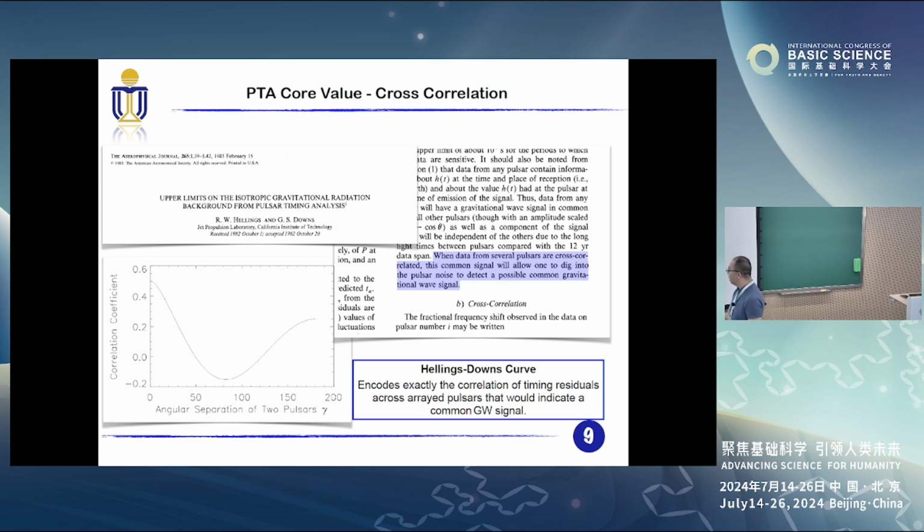The x-axis represents the angular separation between any pair of the pulsars. And as for the y-axis, this is a measure of the correlation strength. Usually, it is a factor of the two-point correlation function.